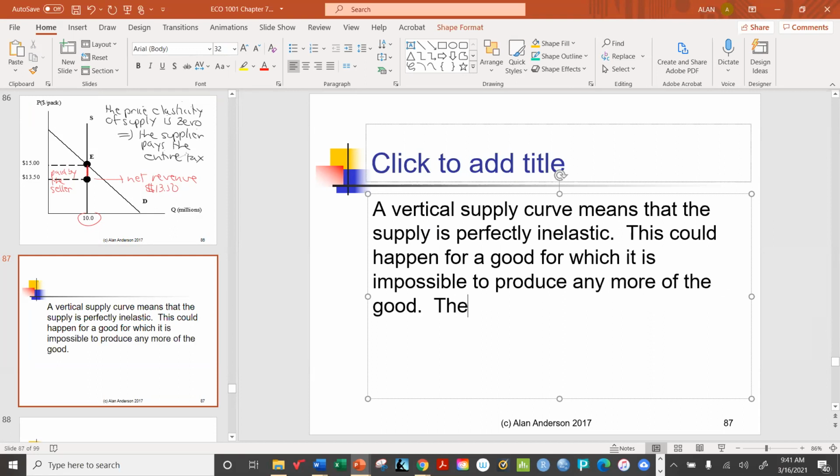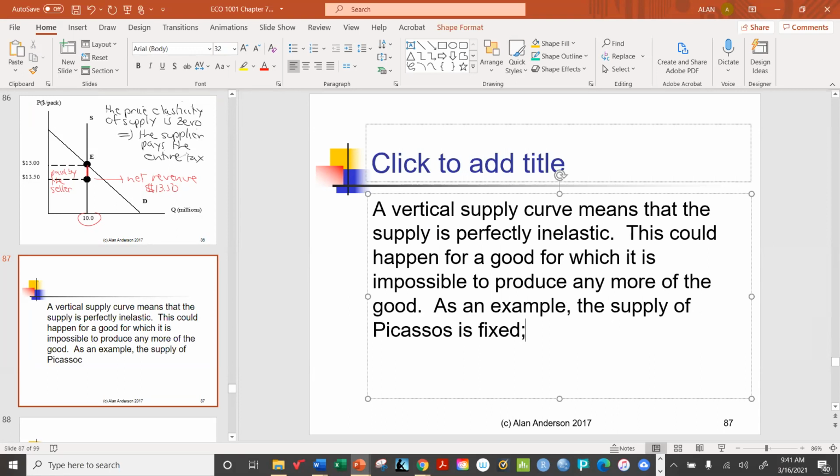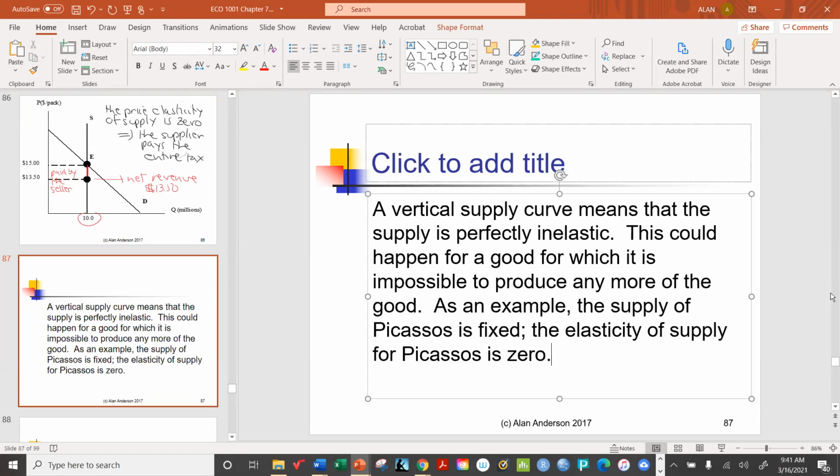For example, now this is an interesting one. As an example, the supply of Picassos is fixed. The elasticity of supply for Picassos is zero. No matter how high the price goes, no more Picassos will ever be produced because he's obviously gone.